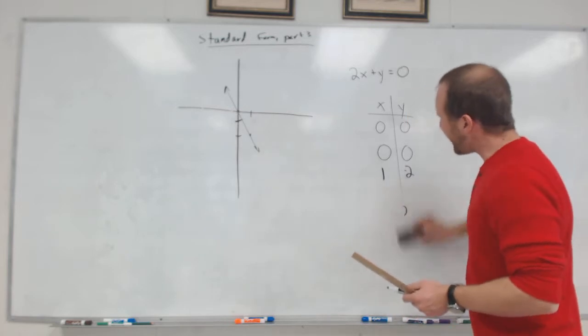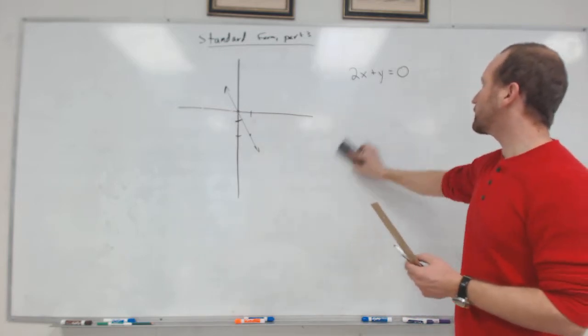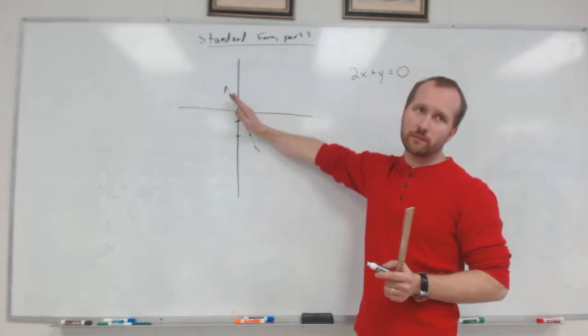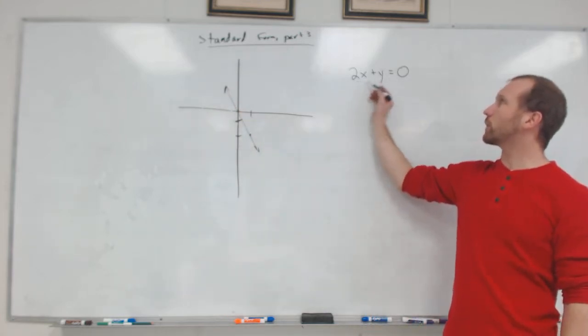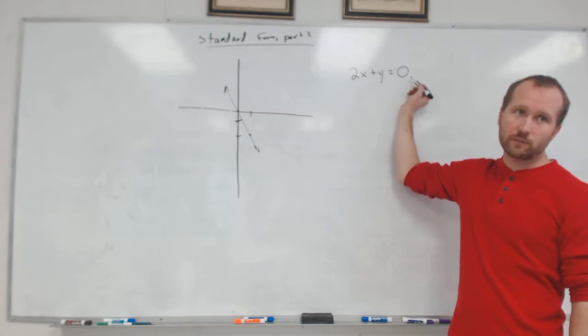Anytime a line goes through the origin, the standard form equation will equal 0.